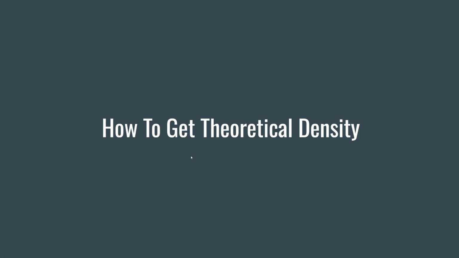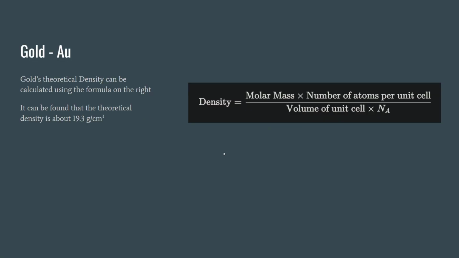Now, how to get the theoretical density? Using gold as our first example, we will put it through the density equation, where you take the molar mass for the element, multiply that by the number of atoms per unit cell, and divide that total by the volume of the unit cell times Avogadro's constant.